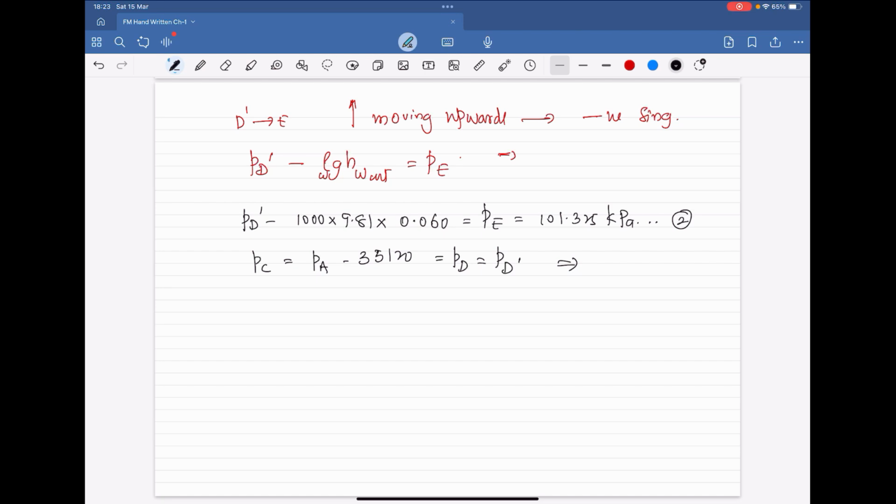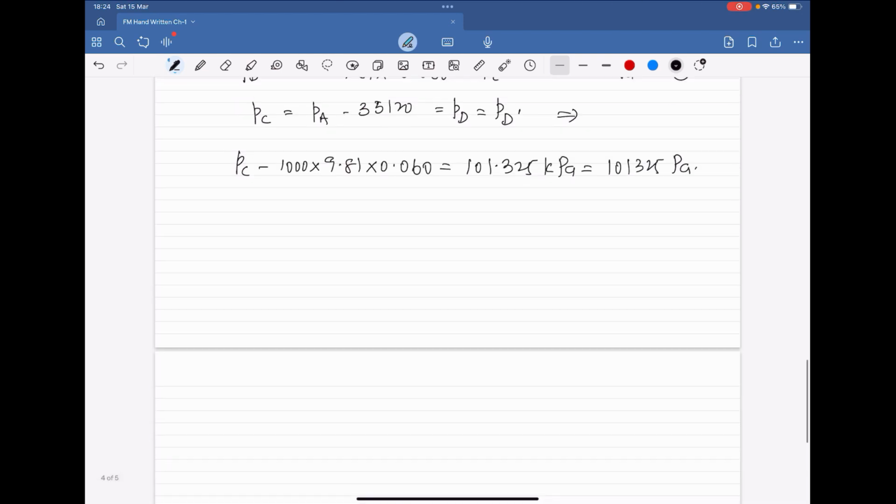Replacing this value in formula number 2, what happens? PD dash is PC minus 1000 into 9.81 into 0.060 is equal to 101.325 kPa. Let us change everything to Pascals, because all other values are in Pascal.